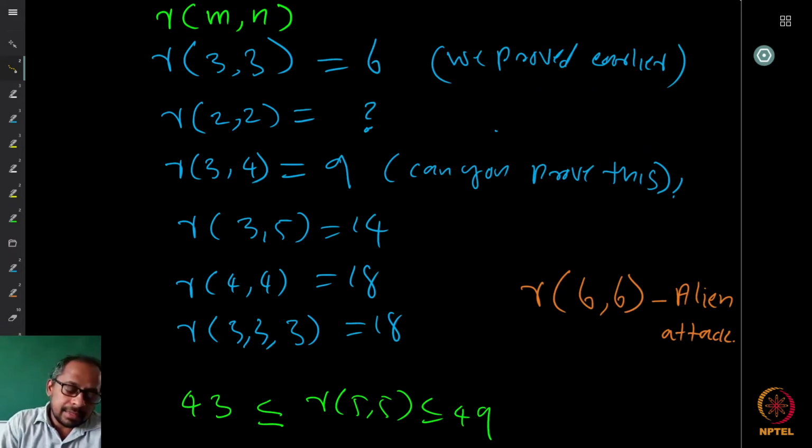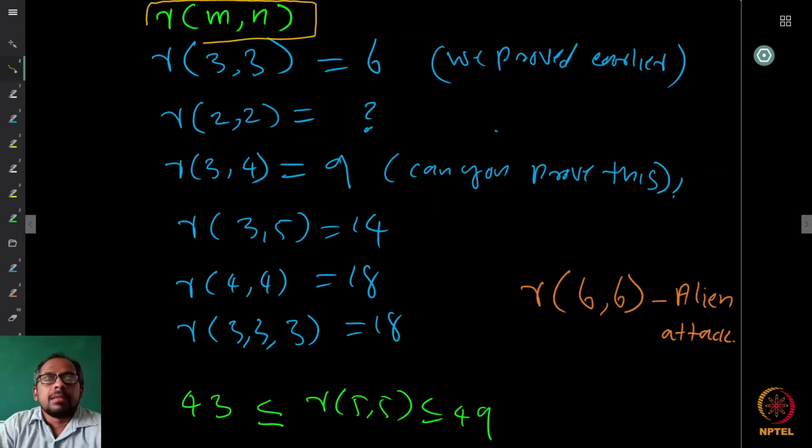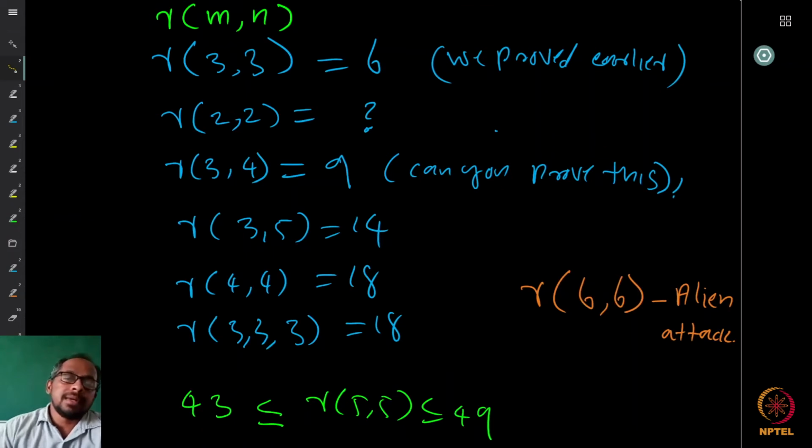So for that, I want you to show that Rmn exists. Well, at least try. Try to show that Rmn exists by showing an upper bound for it. What we're saying is that if a number is larger than Rmn, then of course we can guarantee that there will be an M complete graph or an N complete graph of red color or blue color.